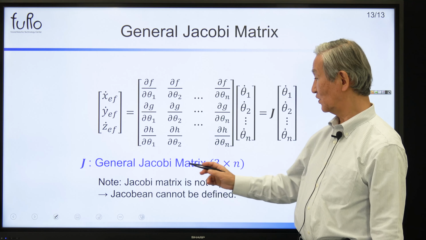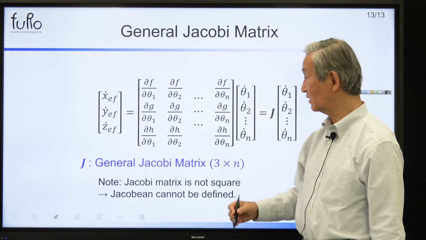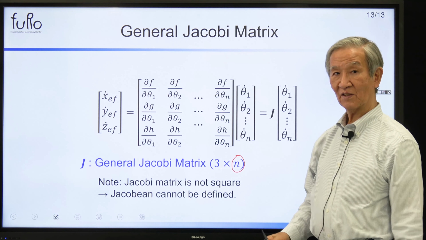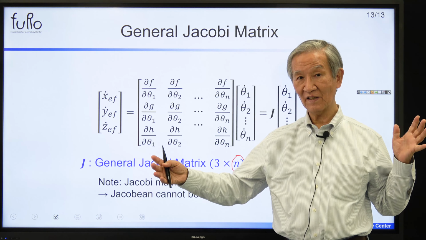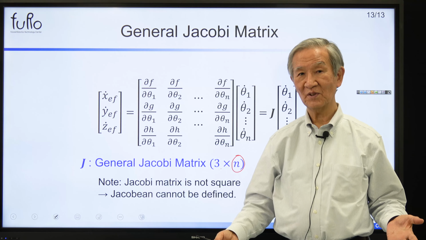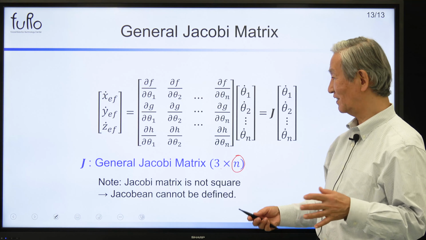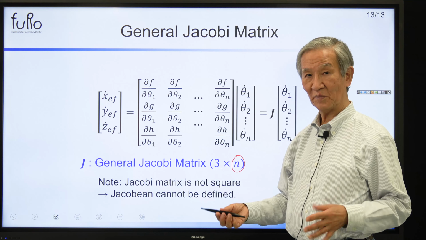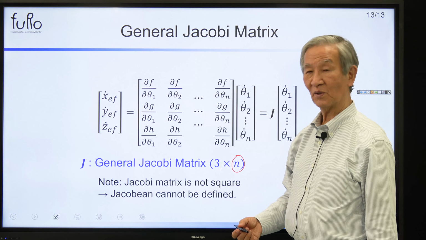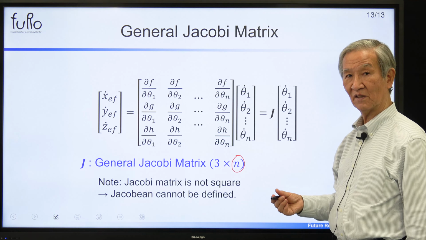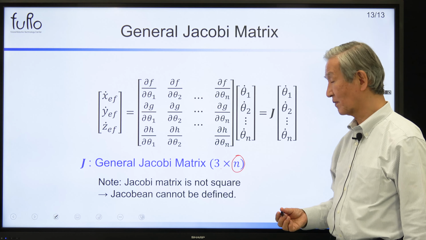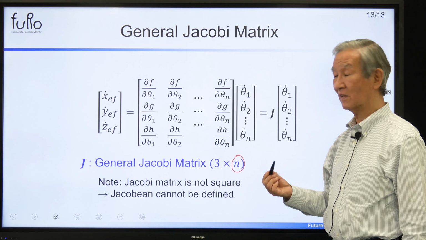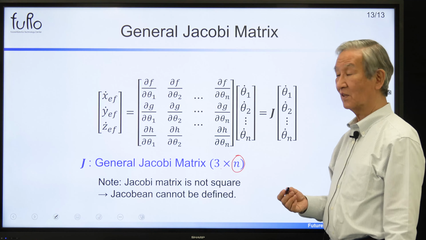But the Jacobian, not so fast. Look at this one here. This general Jacobi matrix in 3D motion is 3 by n, where n is the number of joints. So it may not even be square. So singularity, I mean, the Jacobian may not have a determinant itself, period, right? So you cannot talk about singularity and so forth. Well, there is more to it. When you learn more about degrees of freedom, you can talk about that.